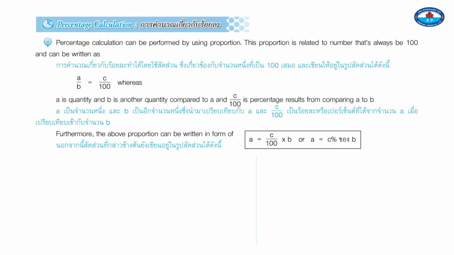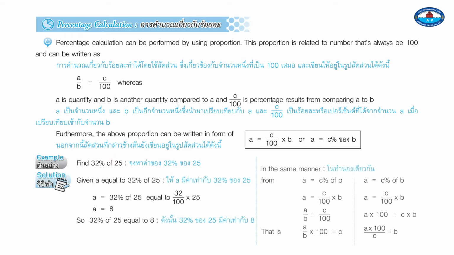Percentage calculation. Percentage calculation can be performed by using proportion. This proportion is related to numbers that will always be 100 and can be written as A over B equals C over 100, where A is a quantity and B is another quantity compared to A, and C over 100 is the percentage resulting from comparing A to B. Furthermore, the above proportion can be written in the form of A equals C over 100 times B, or A equals C percentage of B. Example, find 32% of 25.